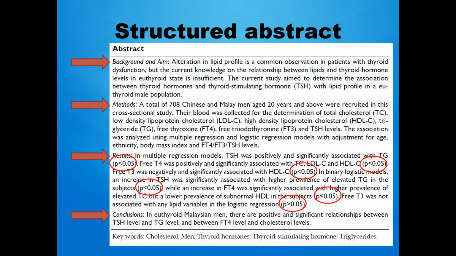So this is an example of a structured abstract. You can see that the paragraph is divided into background and aim, methods, results, and also conclusions. You see me circle the p-value because sometimes it's quite essential for readers to know the p-values in the results to determine whether your result is significant or not.